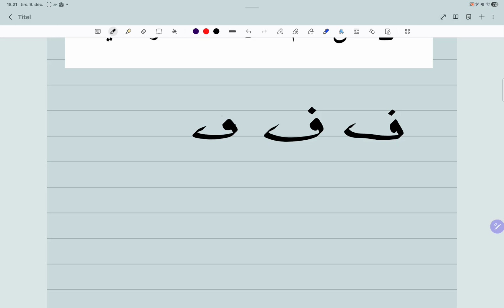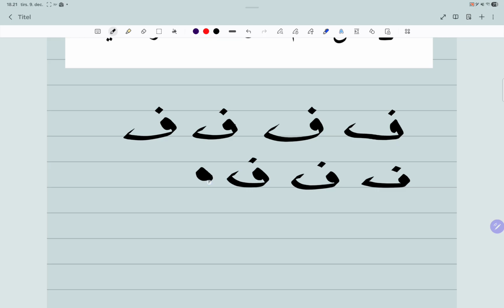Remember, if you want to remember a letter, you have to look at it a lot and say the letter again and again. And if you are able, try to also write it down many times and say Fa, Fa.